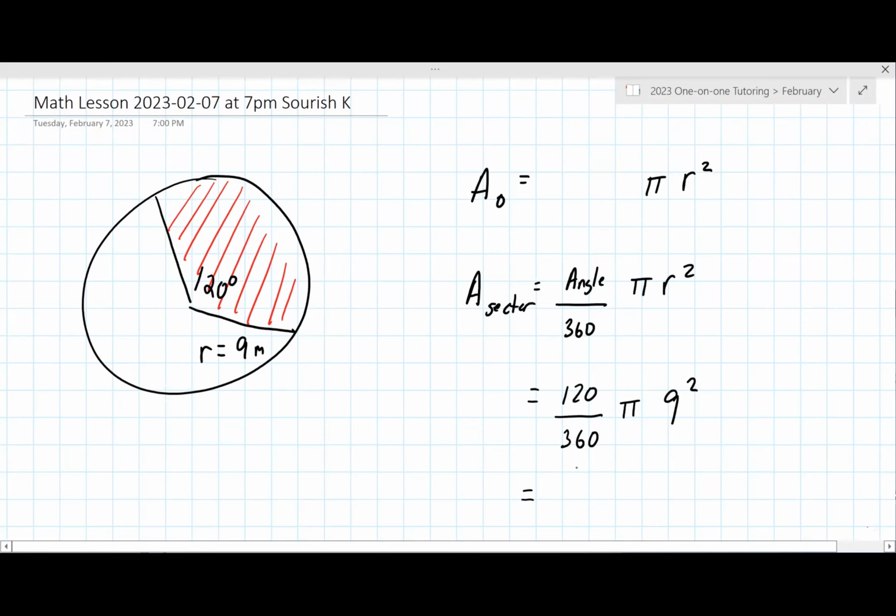We'll put 2 over 3 into your calculator and tell me if it's 0.33333333. 0.33.